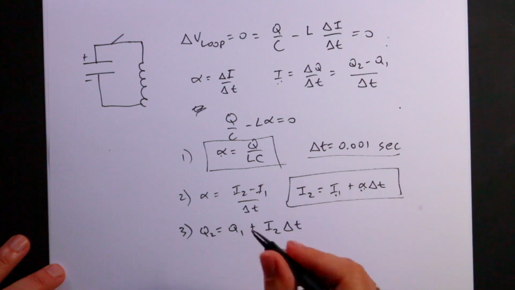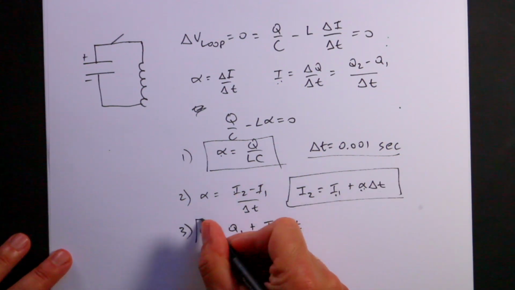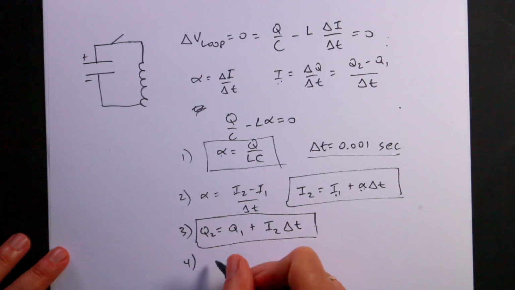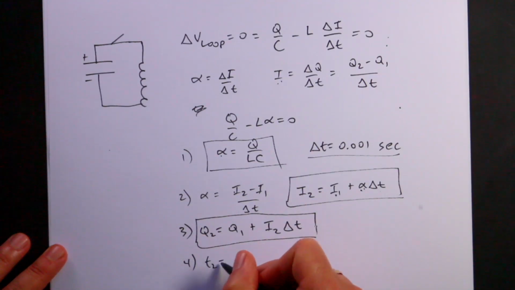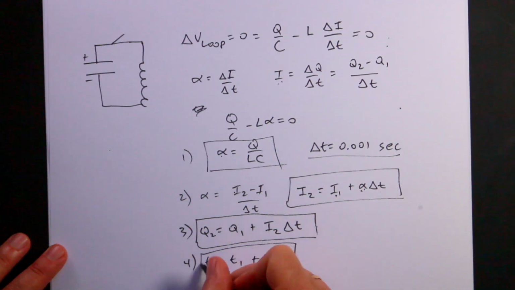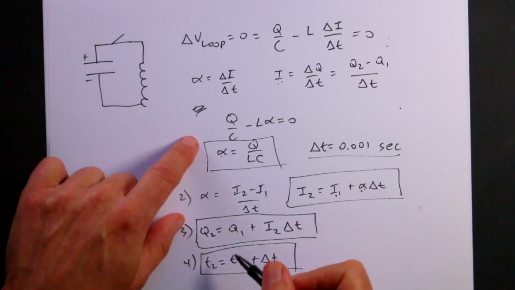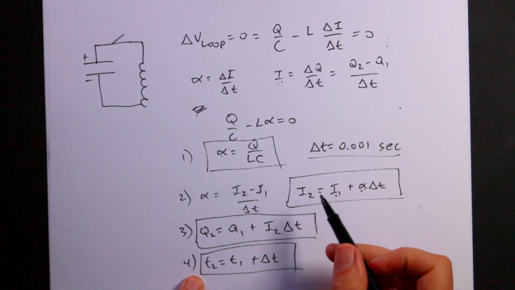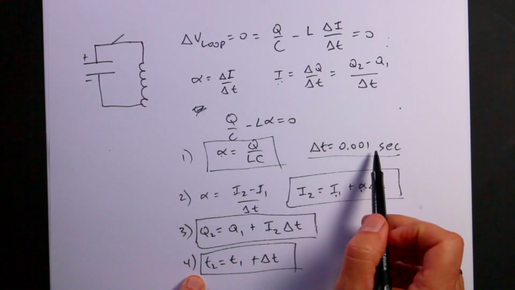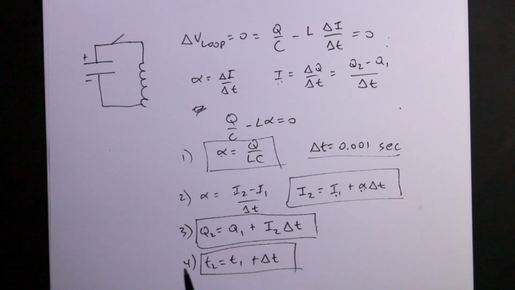That might seem weird. I get that, okay? But that's what I'm going to do. And then finally, T2 equals T1 plus delta t. So I'm going to update the time. So this means if I do these 4 calculations, I'll have gone through 0.001 seconds of calculations using an approximation.